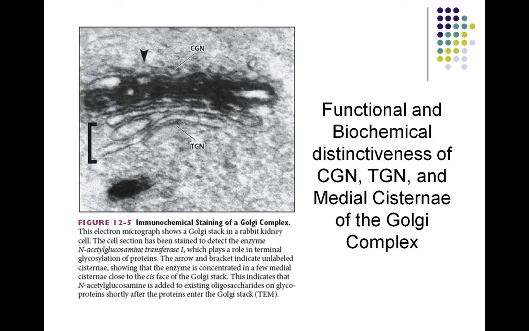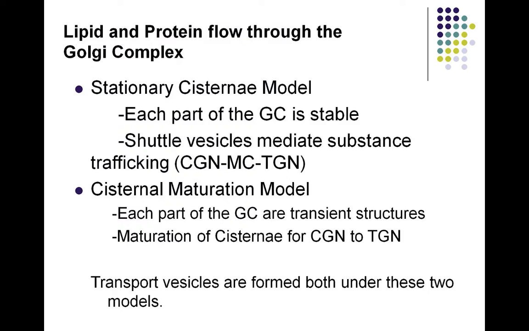two standing hypotheses regarding the flow of biomolecules within the Golgi complex. The first hypothesis is the stationary cisternae model, which states that each component of the Golgi complex is stable. So the three regions are stable areas that possess distinct features, distinct enzymes, distinct membrane proteins within the membrane of the cisterna, okay?